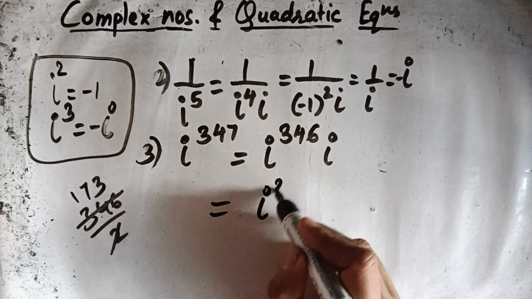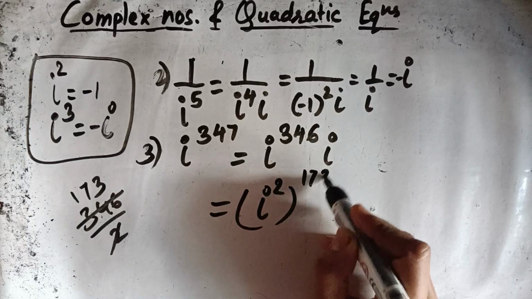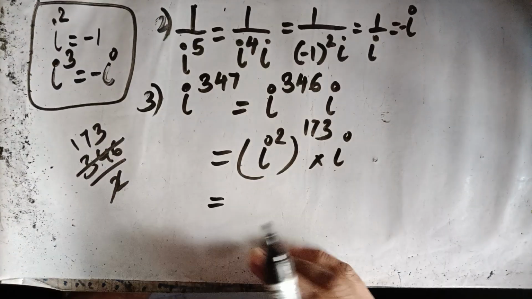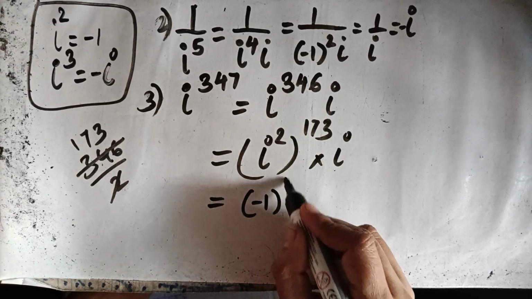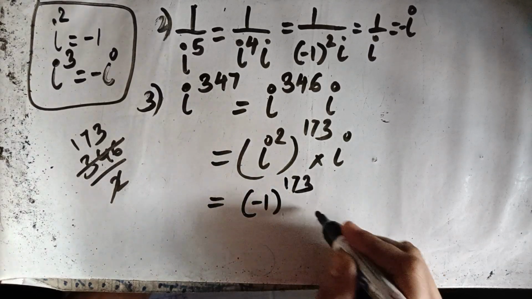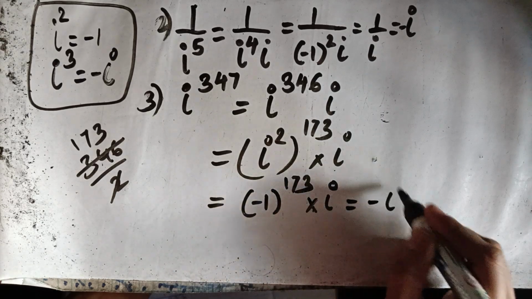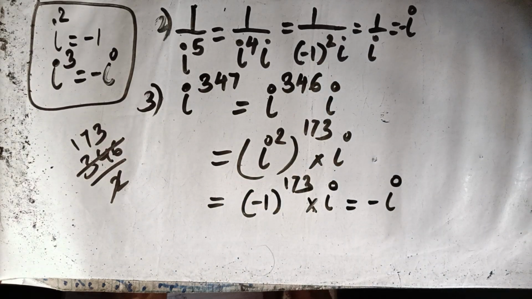So i square raised to 173 into i. i square is minus 1. This is an odd number. Odd means this will be minus. So the final answer is minus i.